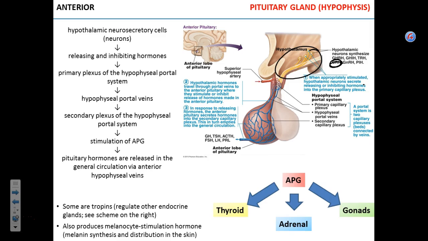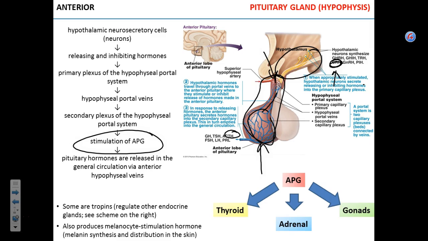CRH is released into the bloodstream. It's released into the primary plexus, okay? And then from the primary plexus through the portal veins, it reaches the secondary plexus. From the secondary plexus, the hypothalamic hormone acts on the anterior pituitary gland, which, if it was CRH, will produce ACTH.